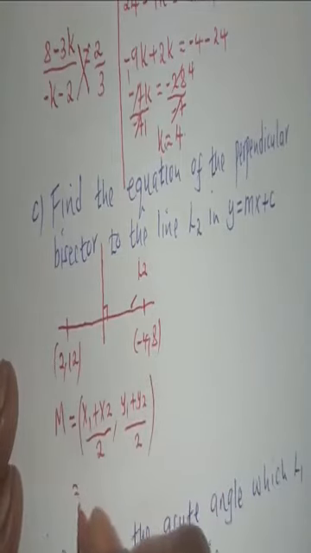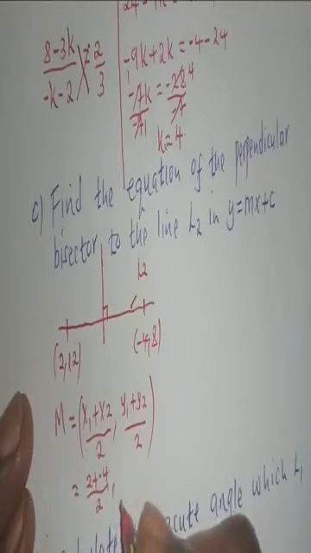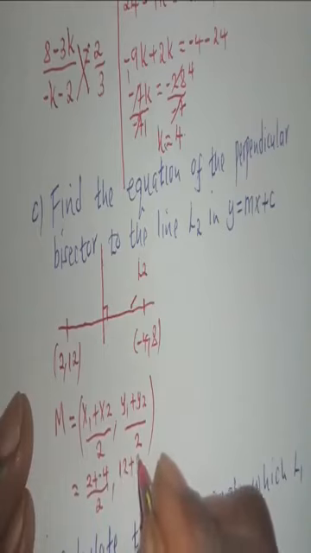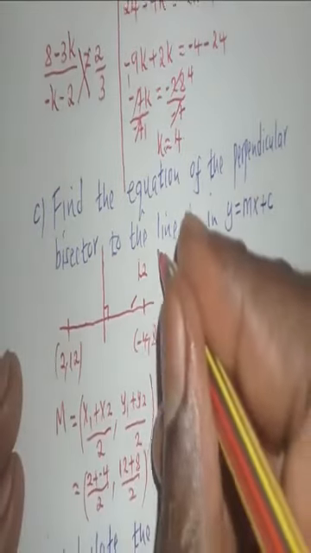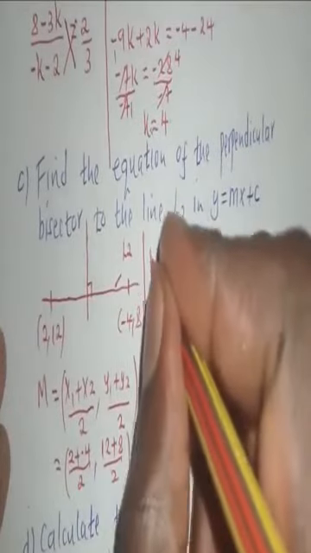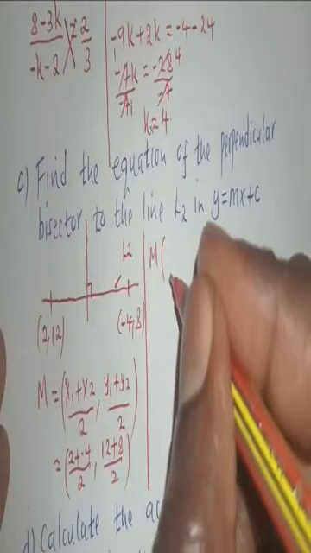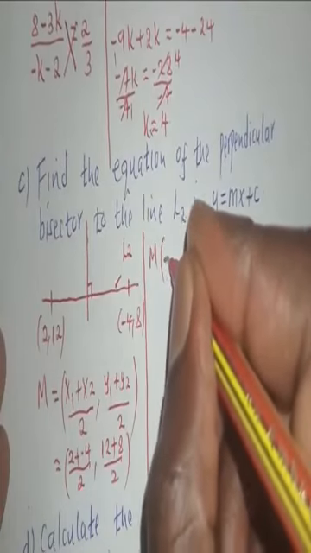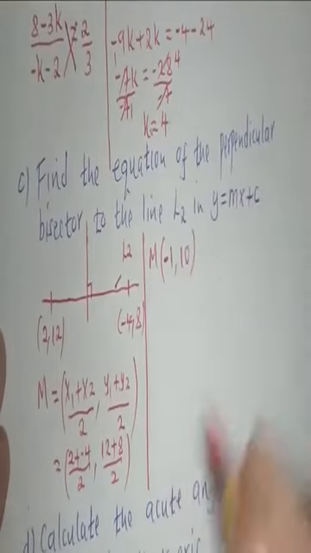So here we have 2 plus negative 4 over 2, comma 12 plus 8 over 2. So the midpoint will be (-1, 10).